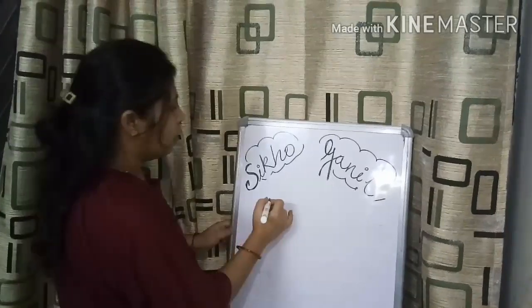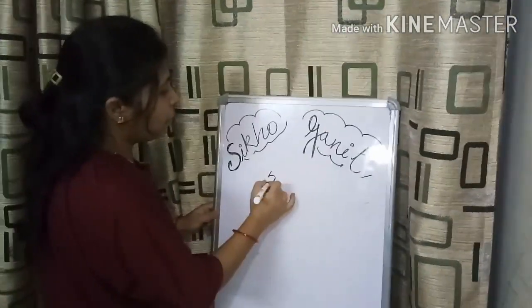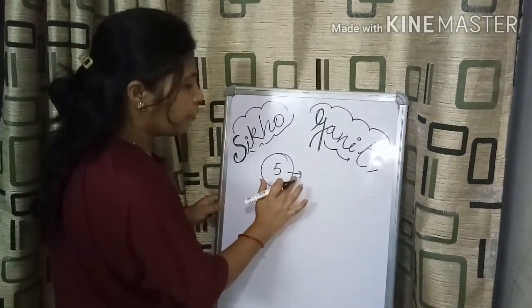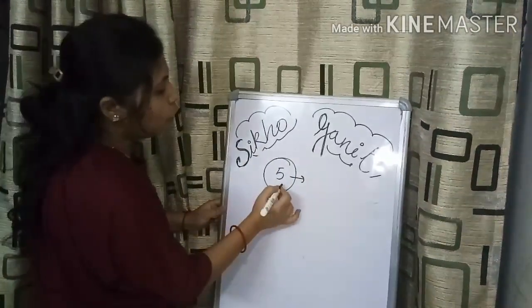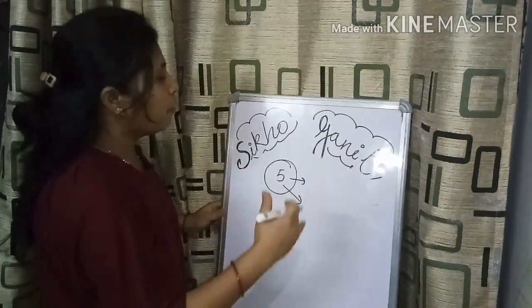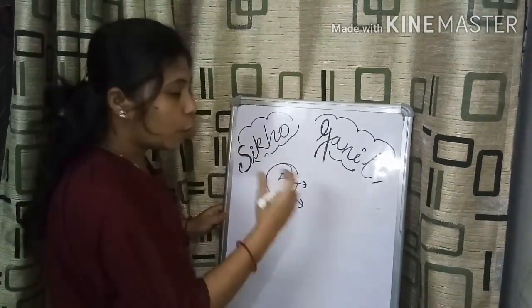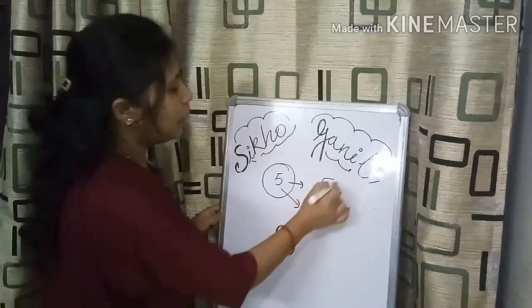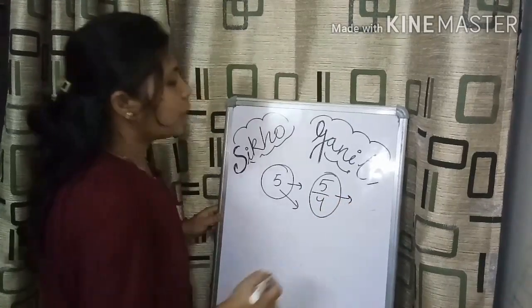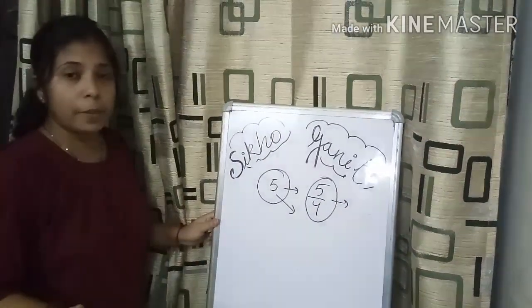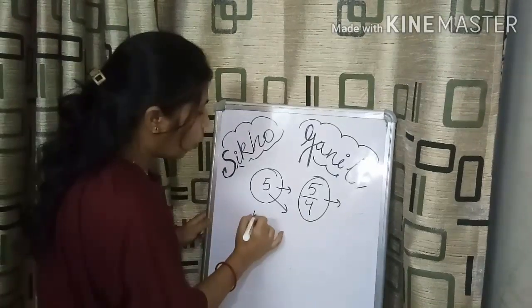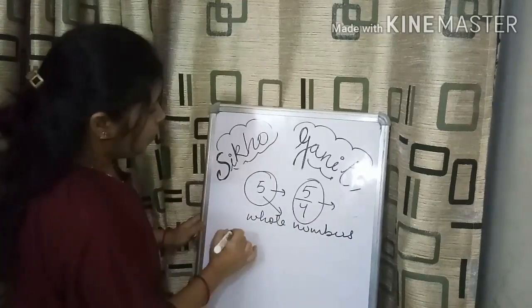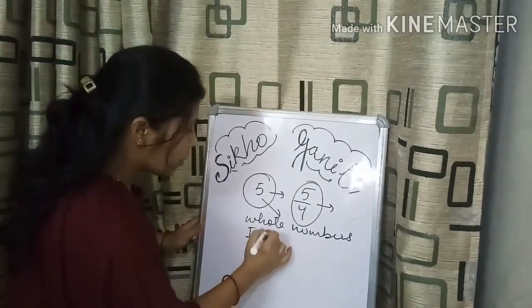Like if we have a number 5 and we need to distribute it in 4 equal parts, then we can write it as 4 upon 5, and this is a fraction. So what is the difference between fraction and rational number? Fraction uses whole numbers, whereas rational numbers use integers.